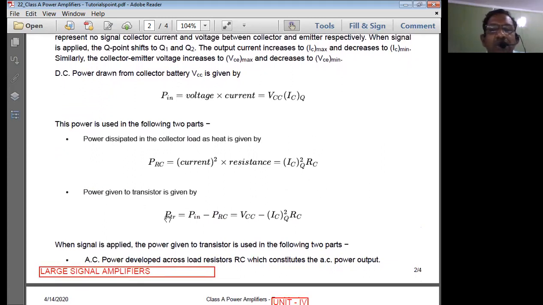The total power given to the transistor is the input power minus the dissipated power. So input power is simply VCC into ICQ, and ICQ square into RC is the power dissipated in the transistor circuit.